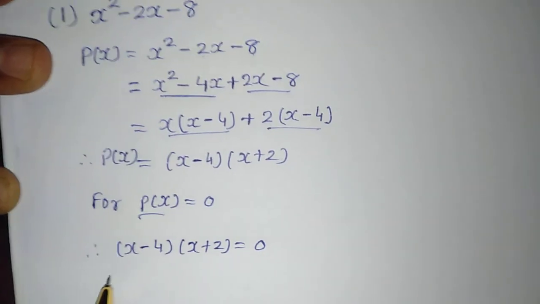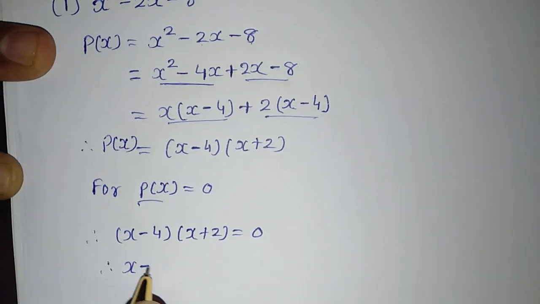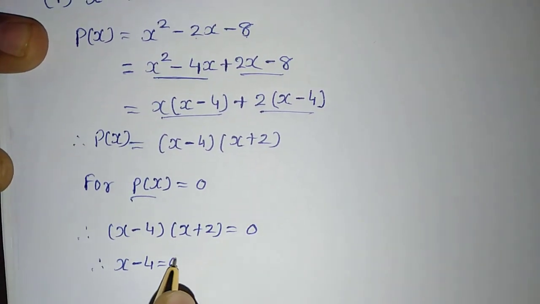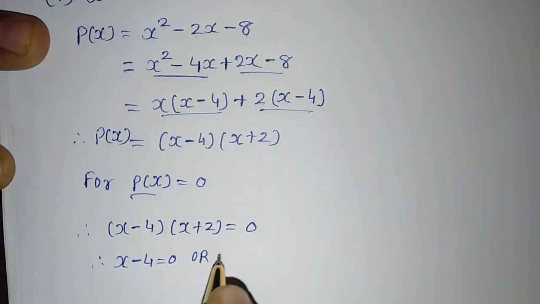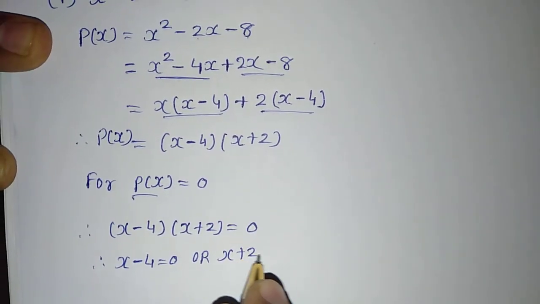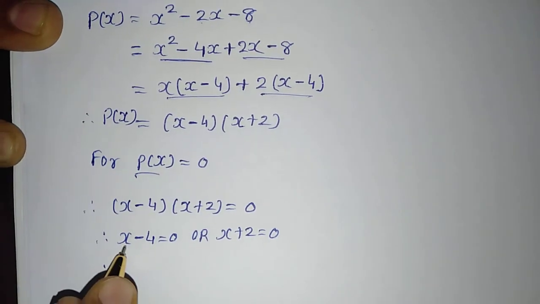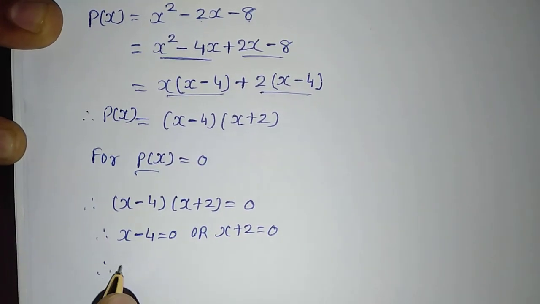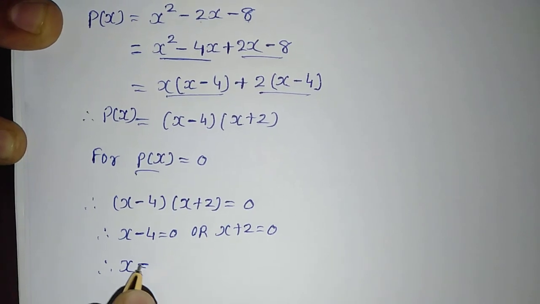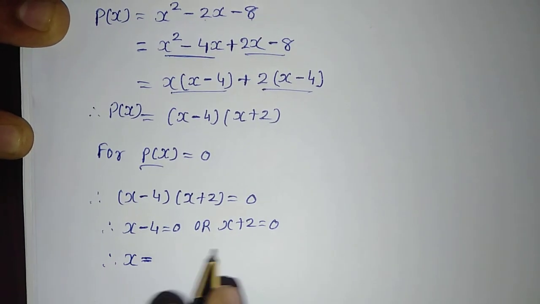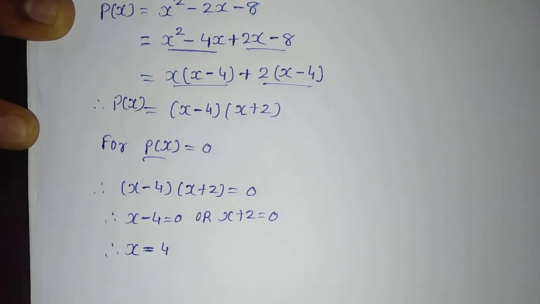So I can write it. Therefore I can say x minus 4 is equal to 0, or I can say x plus 2 is equal to 0. Therefore, I can find out the value of x by bringing this 4 to the other side. X is equal to, this minus 4 will be going to the other side, it would be plus 4.